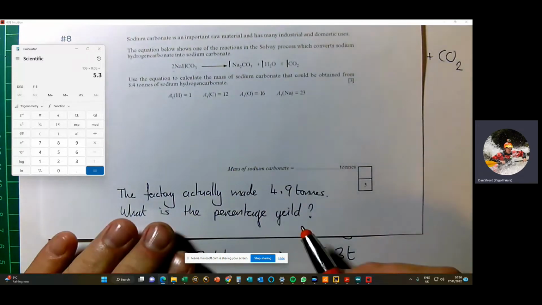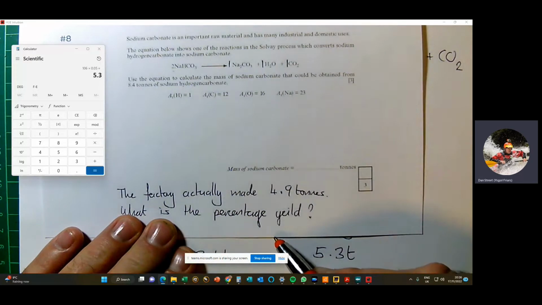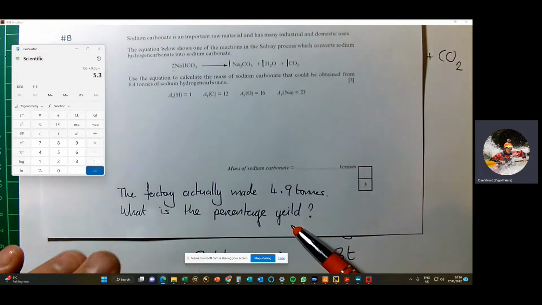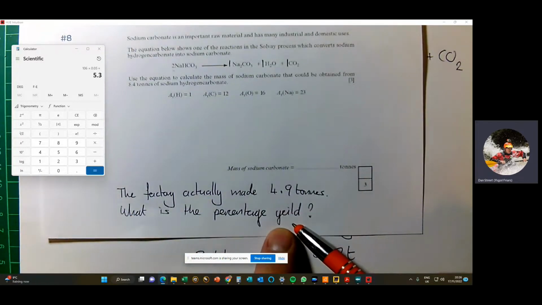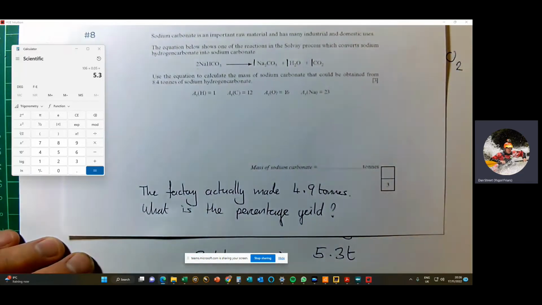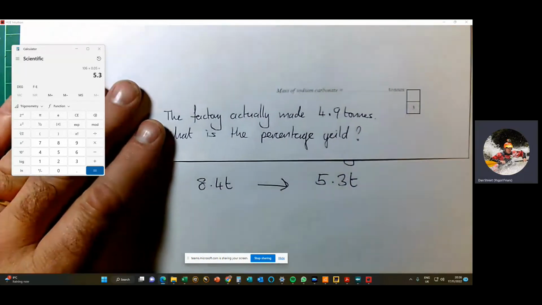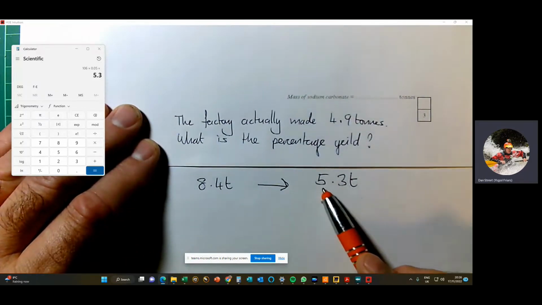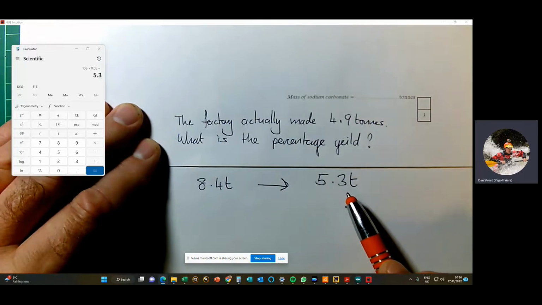Okay, so yield is the amount you do make compared to how much you should make. And in most chemical factories, one of the main driving forces is to try and increase yield to the maximum. Okay, and you are expected to be able to calculate this. So if you think about it, it's a percentage, okay, so we should be making 5.3 tons. That's the theoretical yield.